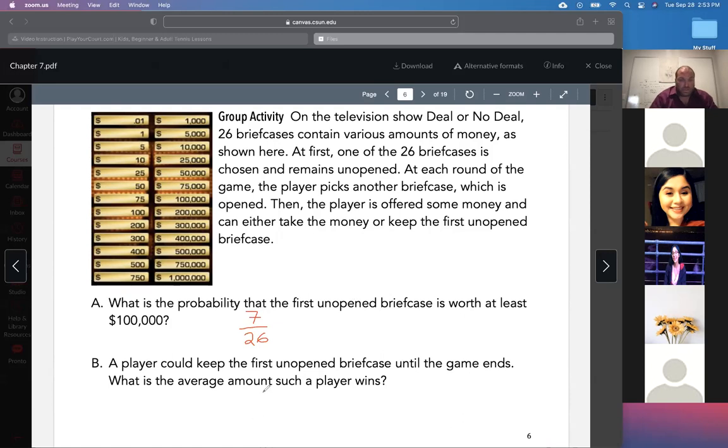So the average amount would be $114,169.85. And that's simply by adding them all up and dividing by how many outcomes you have. Does that make sense? Yes. Okay.